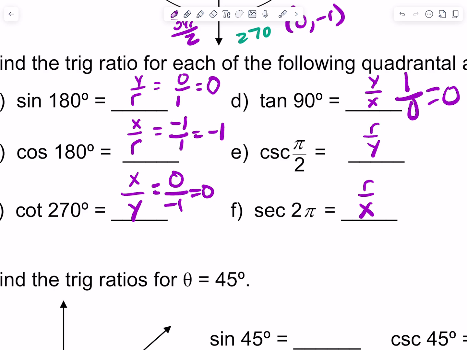Everybody's just coming around. And then I'll do the last one. This one would just be 1 over 1. This is 1. Okay, so this one is right.